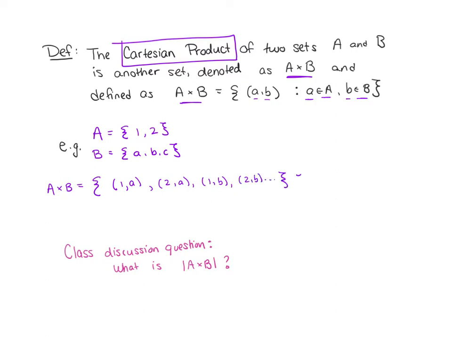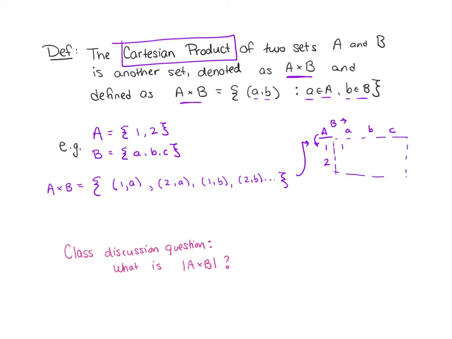So let's think about how we could represent this. One way to think about it is I could list out my elements of A. I could have 1 and 2 going down. And then I can list out my elements of B going over, little a, little b, little c. And then I can just think about all of the pairings between them.